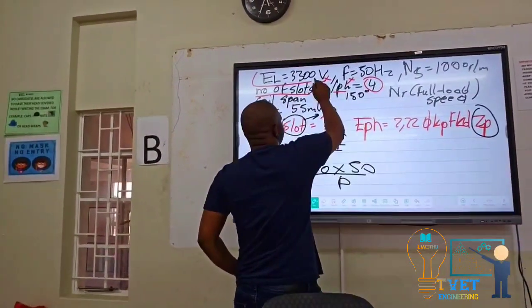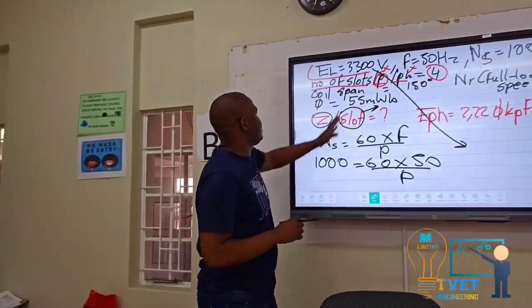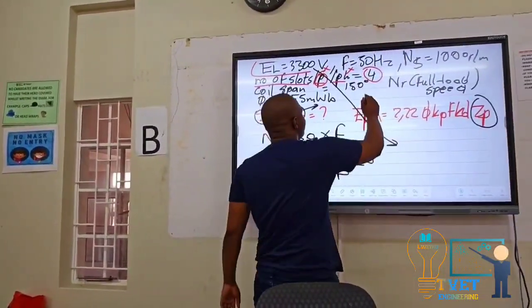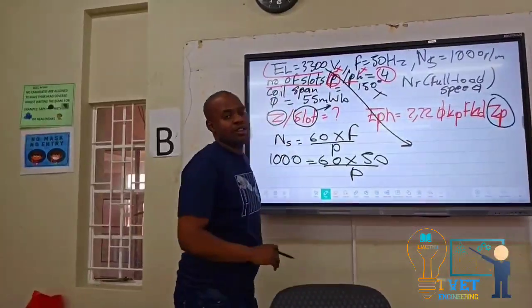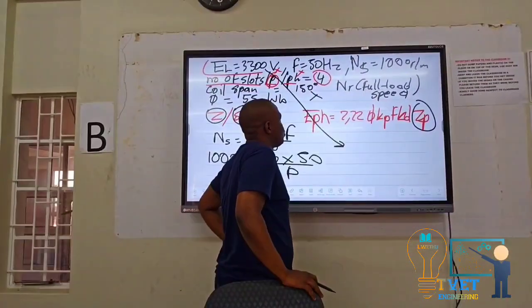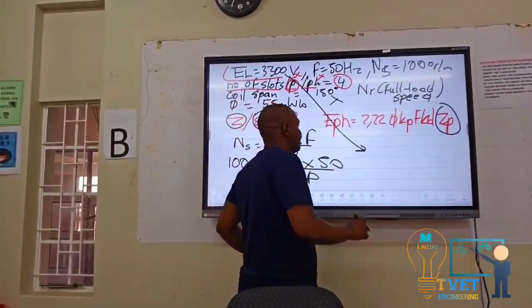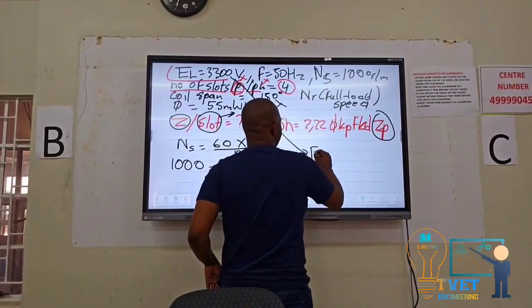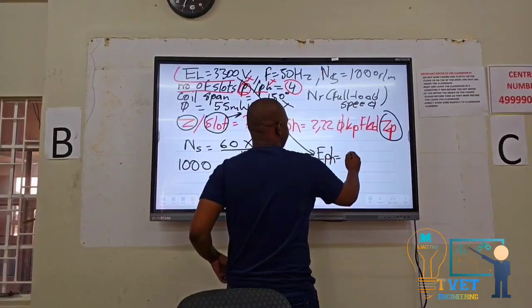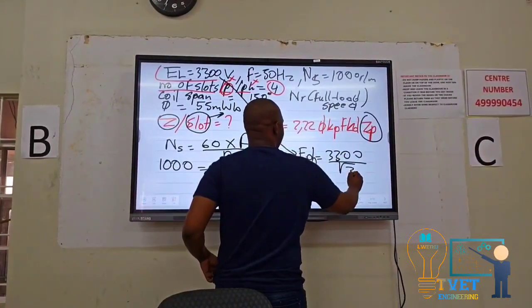But first I must convert the open circuit voltage into phase voltage. If it was delta, there would be no need to do that because the line and phase voltage are the same for delta. So phase voltage is 3300 divided by the square root of 3.